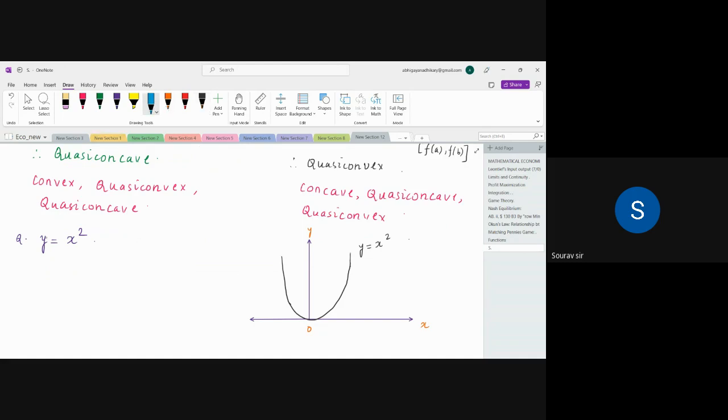One thing we can directly see from the graph is that it is convex. That implies that it is quasi-convex, right? Which we can directly understand. But it is not concave. That means we need to check for quasi-concavity.